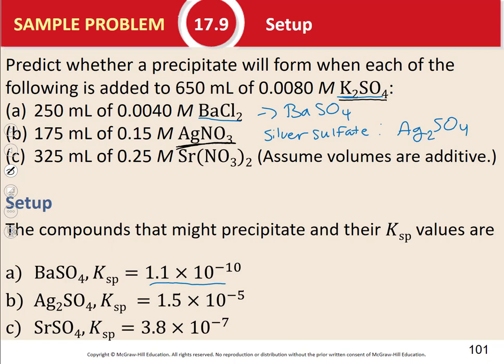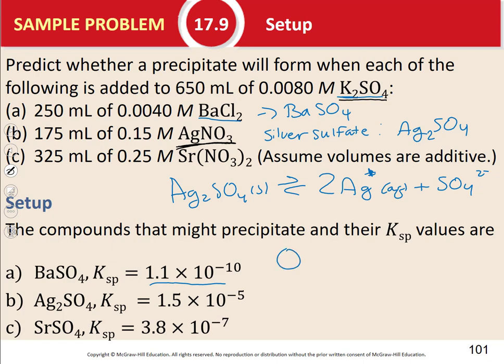Which means when I write out the equilibrium expression for that, silver sulfate is going to make 2 silver ions, that's just a plus, and a sulfate ion. Which means when I write the formula for Q, Q is going to be equal to the concentration of silver. What special do I do there? Squared, good. Squared times sulfate.